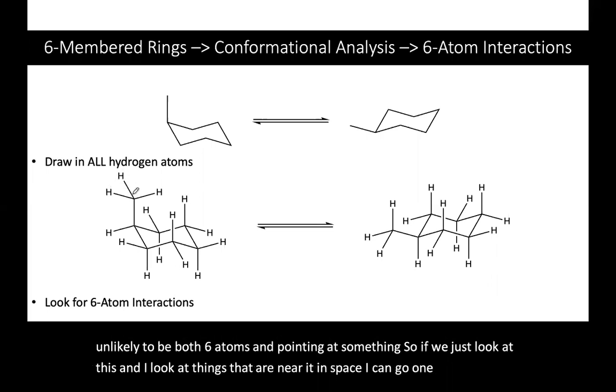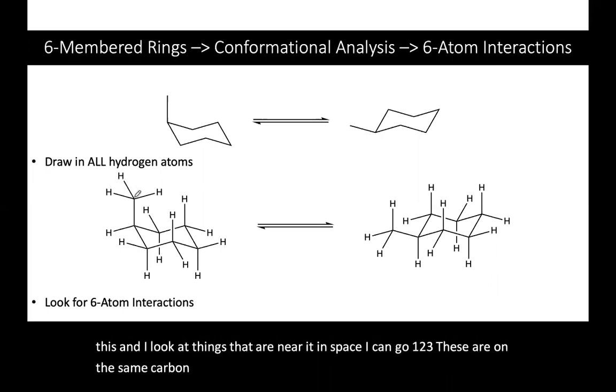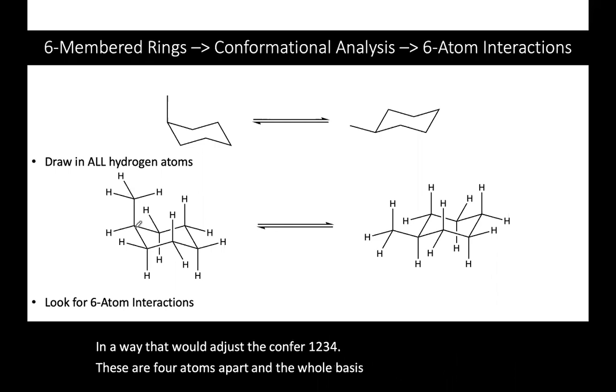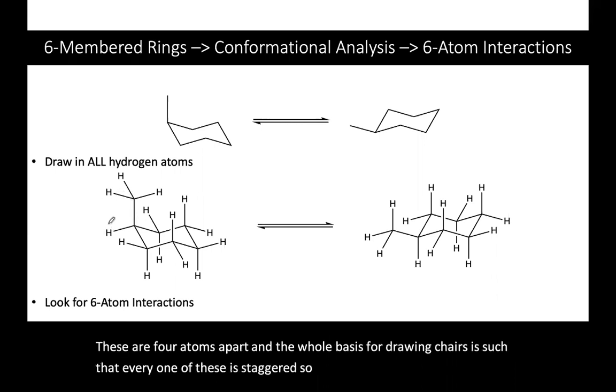These are on the same carbon, so not sterically interacting in a way that would adjust the conformer. 1, 2, 3, 4. These are 4 atoms apart, and the whole basis for drawing chairs is such that every one of these is staggered. So we've optimized this for steric interactions.